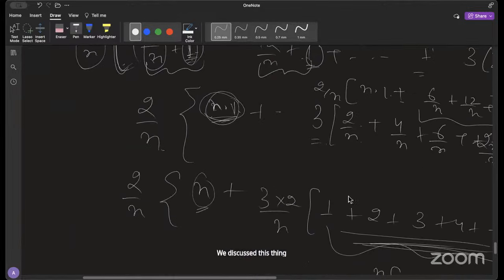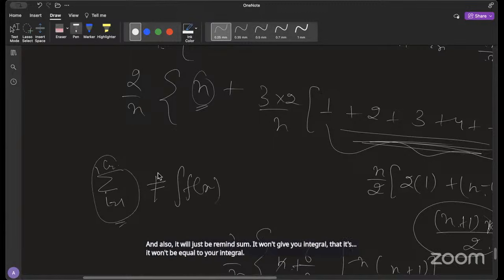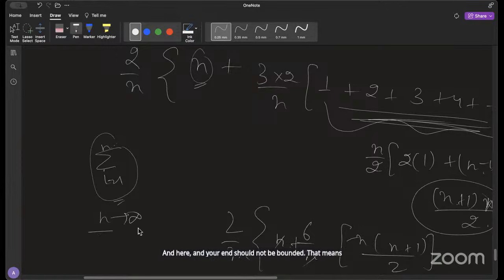If you limit n in this summation, let's say you're limiting it to 1 crore, then it will still just be a Riemann sum. It won't give you the integral. Then it won't be equal to your integral. So if you have to find the integral, your n should not be bounded. That means your n tends to infinity.